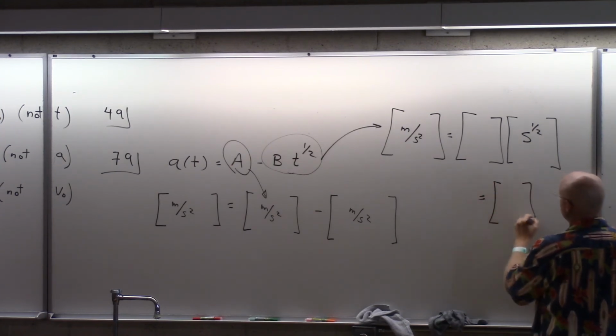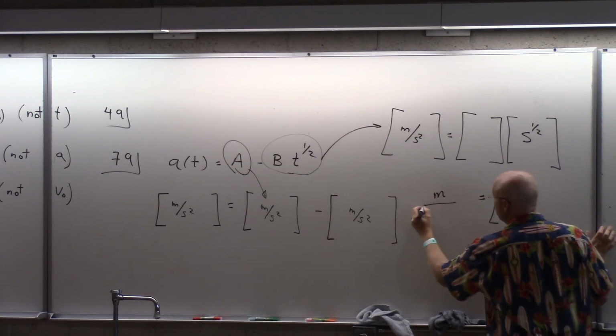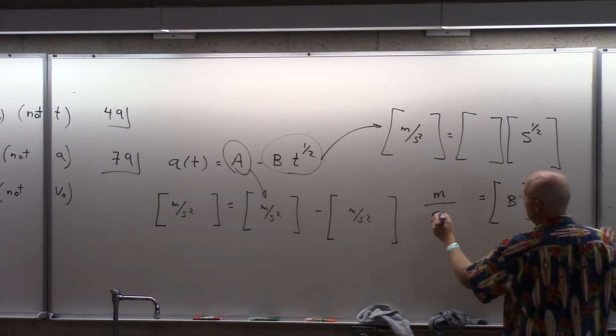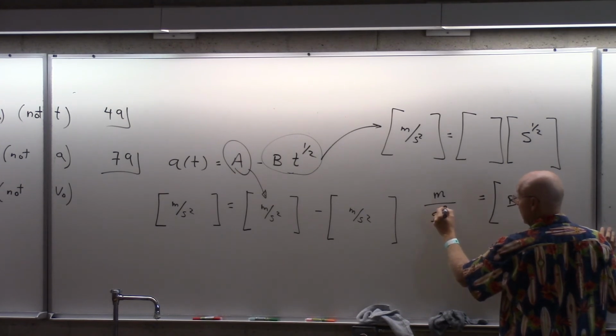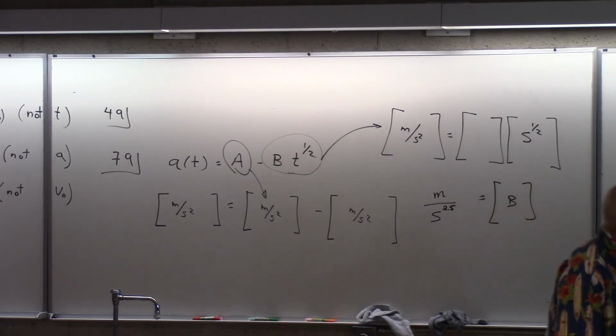So the units of B, if I bring this over to here, must be meters per second, and this is kind of weird, but I guess to the 2.5 power. And it's kind of a weird unit. Makes you wonder if it's really a valid equation. But it is a good one for a rocket, actually. They might even have said that. Yeah, a rocket moves. So it's a very common acceleration problem for a rocket. So the units are a bit complicated, and I think that's why the author wanted to ask that at first. Okay, so there's the unit of it.